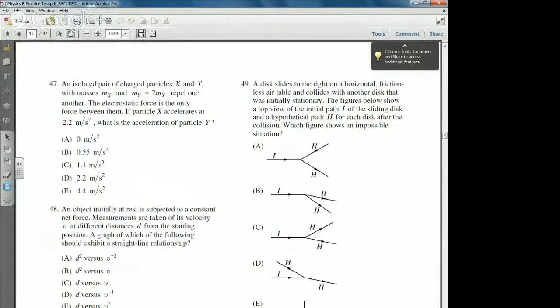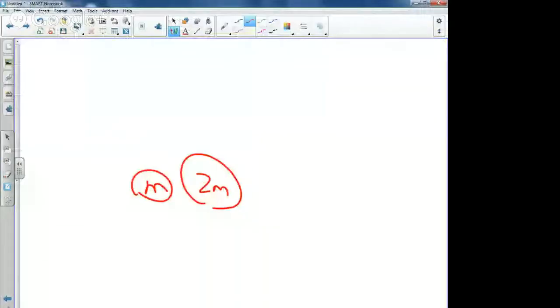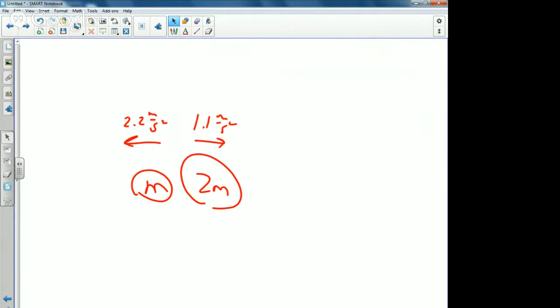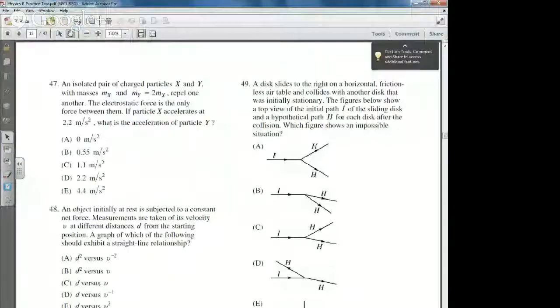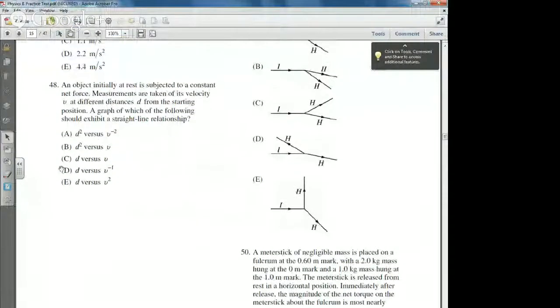So if the particle x is accelerating at 2.2 meters per second squared, what should the acceleration of the particle y be? If it's double the mass, half the acceleration. Okay, choice C.